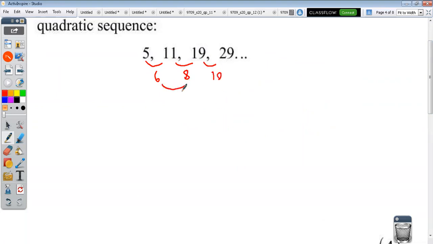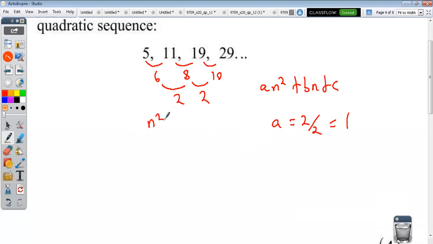Then the difference there? 2. 2. So it's an squared plus bn plus c. For our a, this difference, 2 divided by 2, is 1. So our formula is n squared, there's no need to write 1n squared, plus bn plus c.